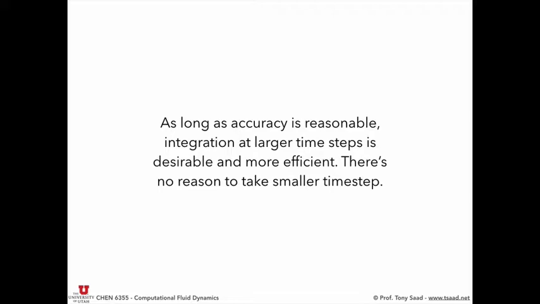In practice, we rely on the stability conditions from linear analysis. So, the condition that C delta t by delta x is less than 1, we use that on the nonlinear equations, although it is not accurate. So we multiply it by a safety factor of 50%. We take half of that.